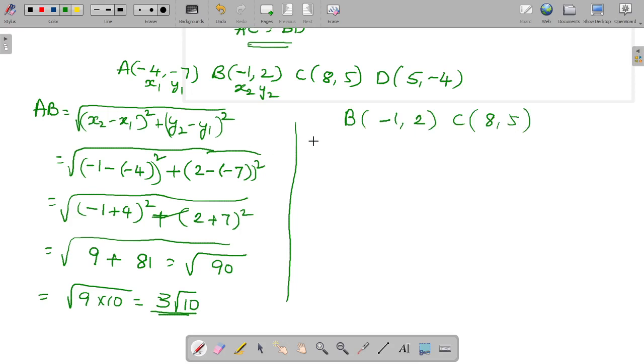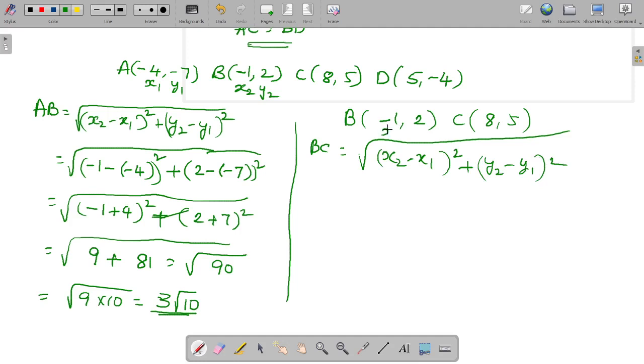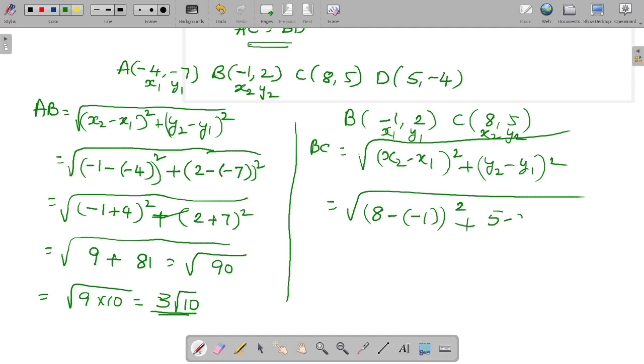So BC is equal to the square root of (x2 minus x1) whole square plus (y2 minus y1) whole square, with x1, y1, x2, y2 as the coordinates. So (8 minus of -1) whole square plus (5 minus 2) whole square is 9 square plus 3 square. 9 nines are 81 plus 3 threes are 9.